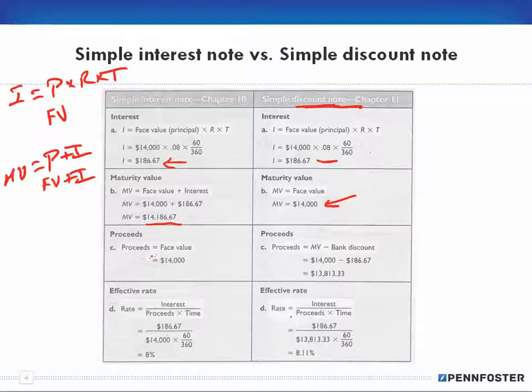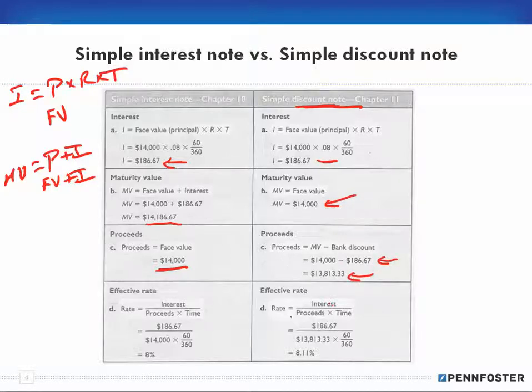So for the simple interest note, proceeds is equal to the face value of $14,000, all right? But over here when we're discounting, we're taking our maturity value of $14,000 and then we're subtracting out the bank discount or the interest, which gives us a new amount of proceeds.